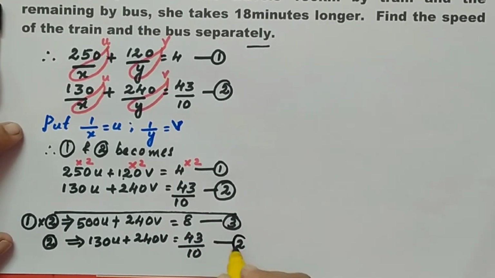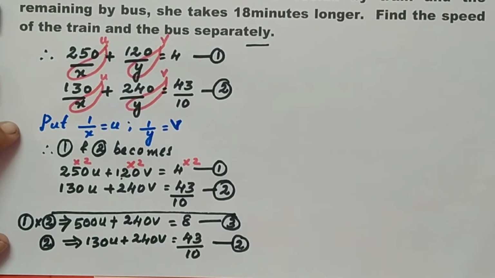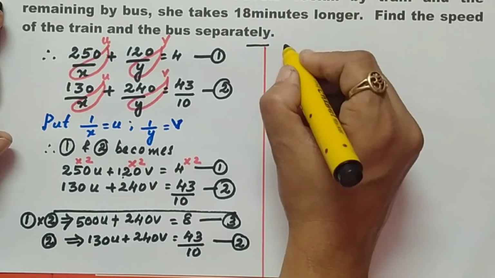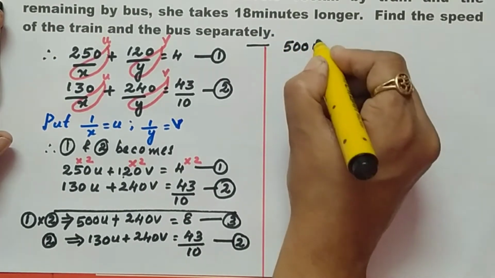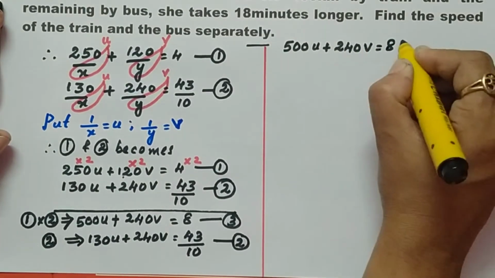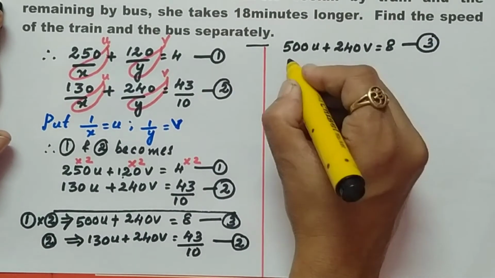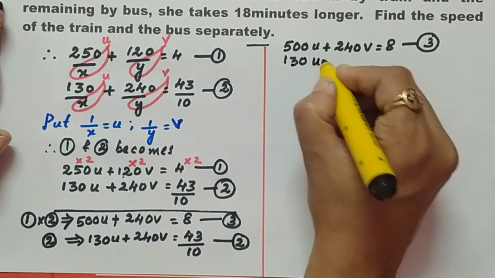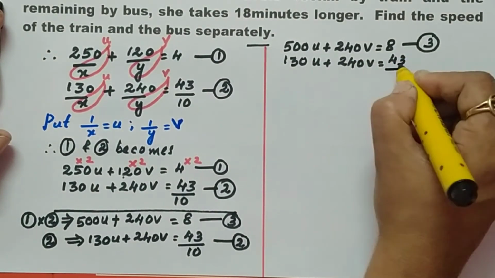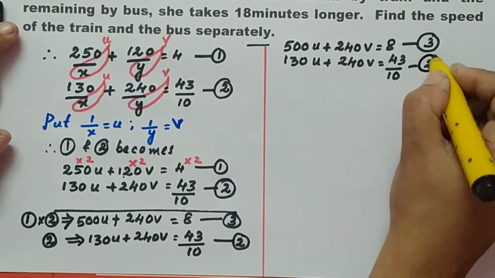This is the same equation number 2. Now I am going to solve these two equations. Writing equations 3 and 2 again here: 500u plus 240v equals 8. That is equation number 3. And 130u plus 240v equals 43 by 10. This is your equation number 2.